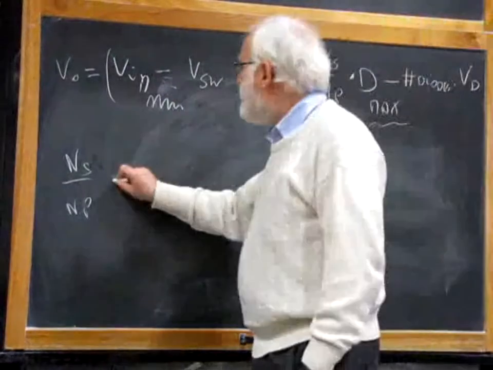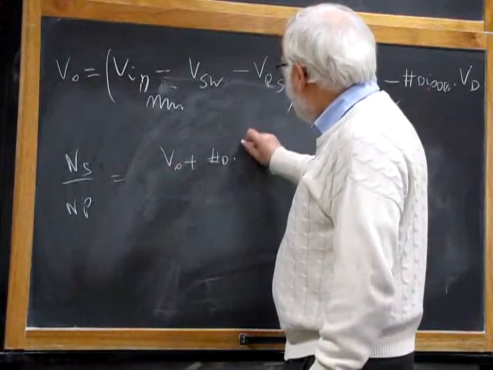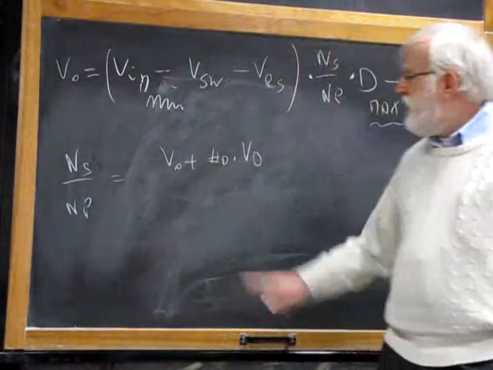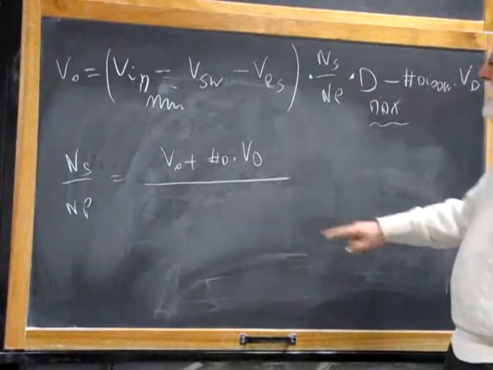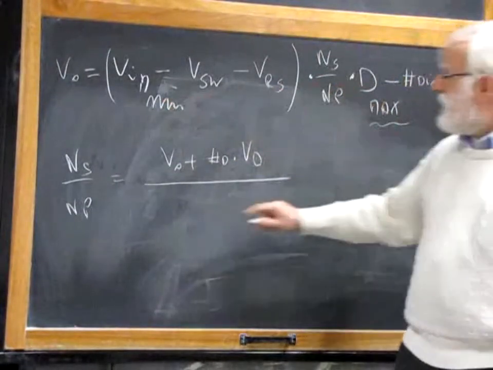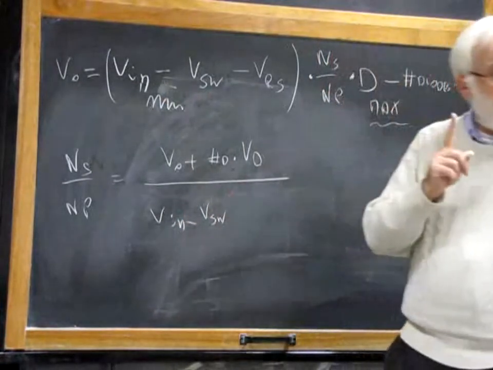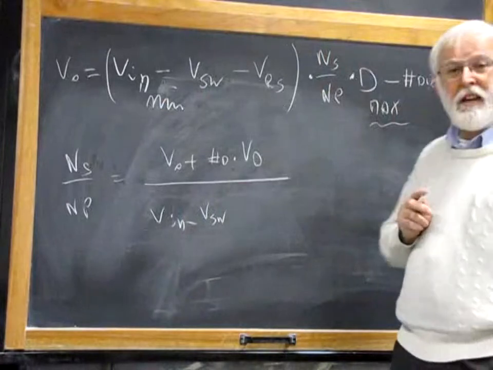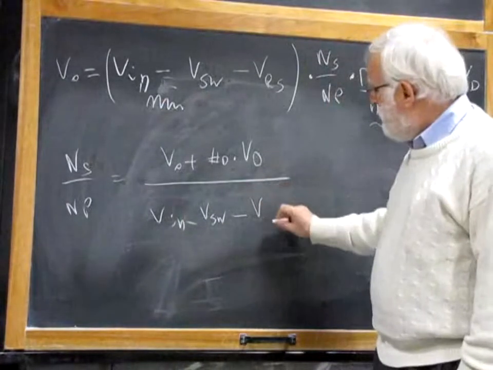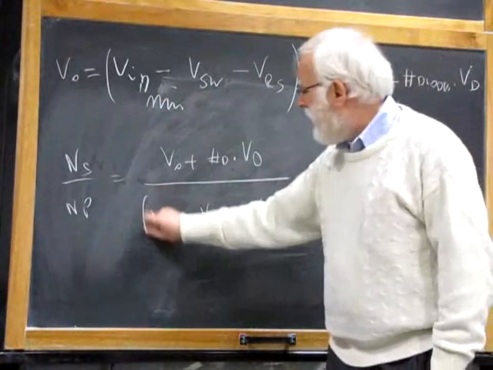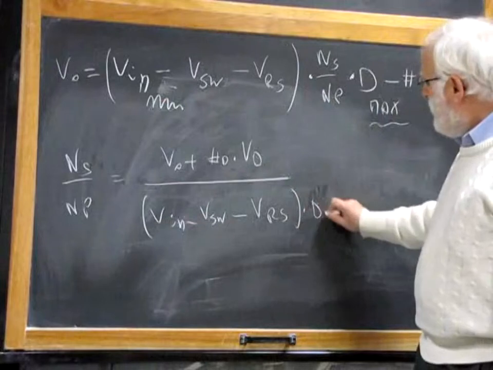NS over NP equals V0 plus number of diodes times VD, it depends on your output voltage, divided by this expression that is Vin minus Vswitch, one Vswitch because we have only one switch in series to the primary, minus VRS, times Dmax.